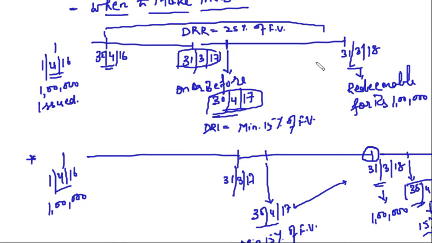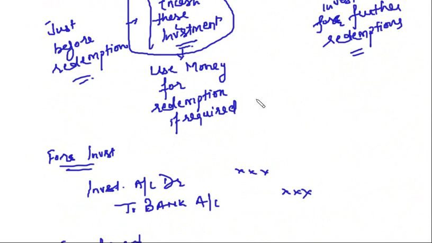For the debentures which are to be redeemed on the 31st of March of next year, the investment is to be made on or before 30th of April this year. So if the debentures are to be redeemed on 31st of March 18, you have to make the investment on or before 30th of April 17. So friends, this is about DRI and DRR.